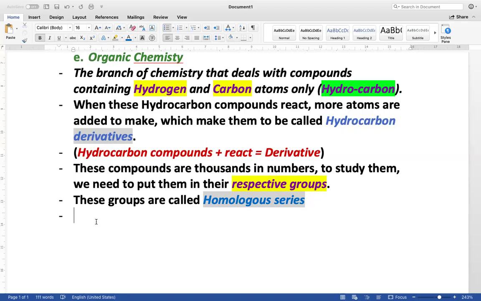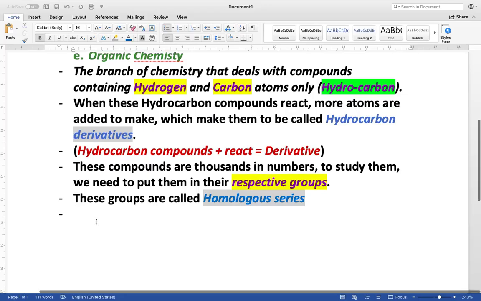As we study them, how are we going to know that these compounds belong to the same group?